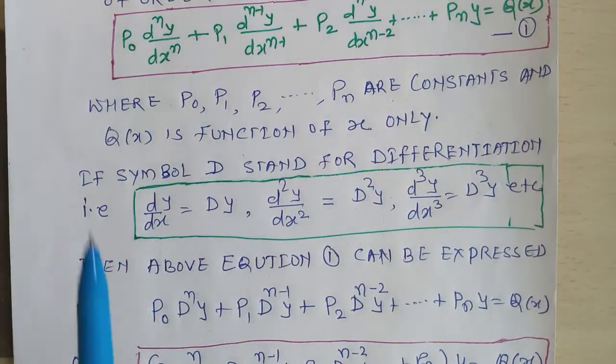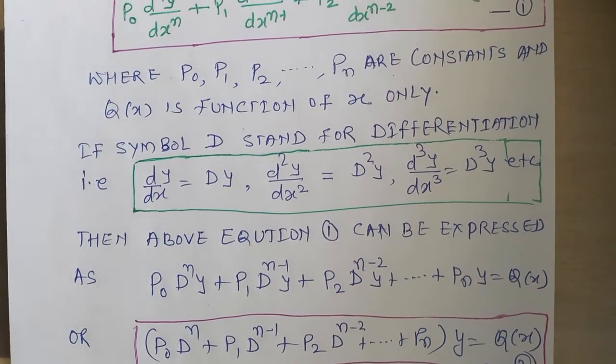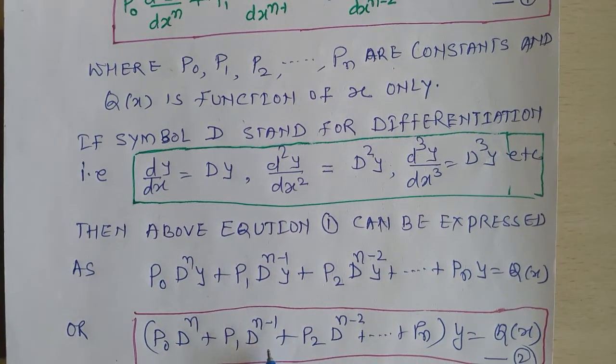Then the equation can first be expressed as P0 D^n y plus P1 D^(n-1) y plus P2 D^(n-2) y plus so on, plus Pn y, and then we take y common, equal to Qx.